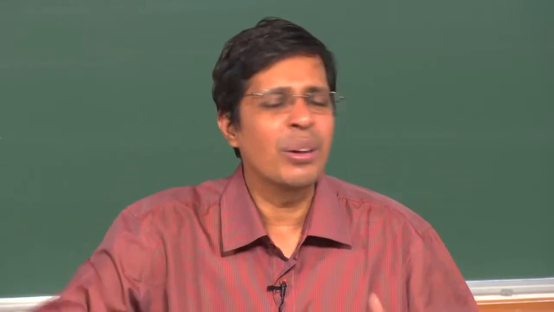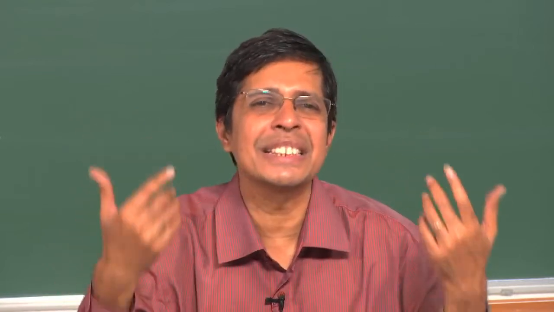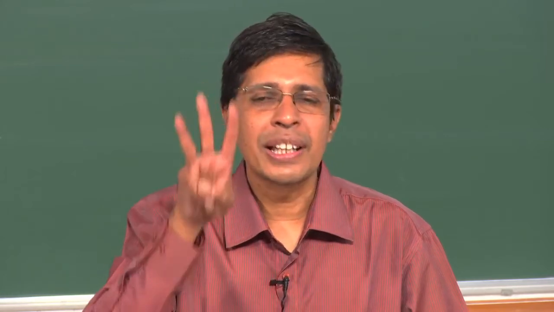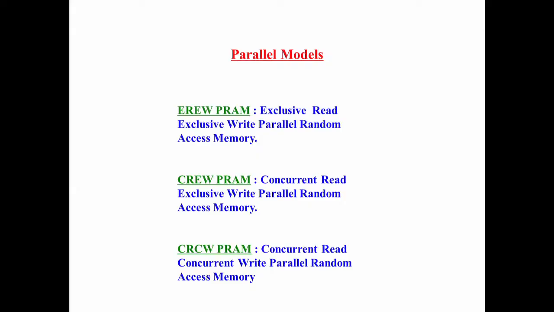The third one is where any fellow can read or write from any of the locations, then it is called a concurrent read concurrent write model. So there are three types of models. The EREW model, which is exclusive read exclusive write, wherein if I freeze at some point, no two processes will read or write into the same location.